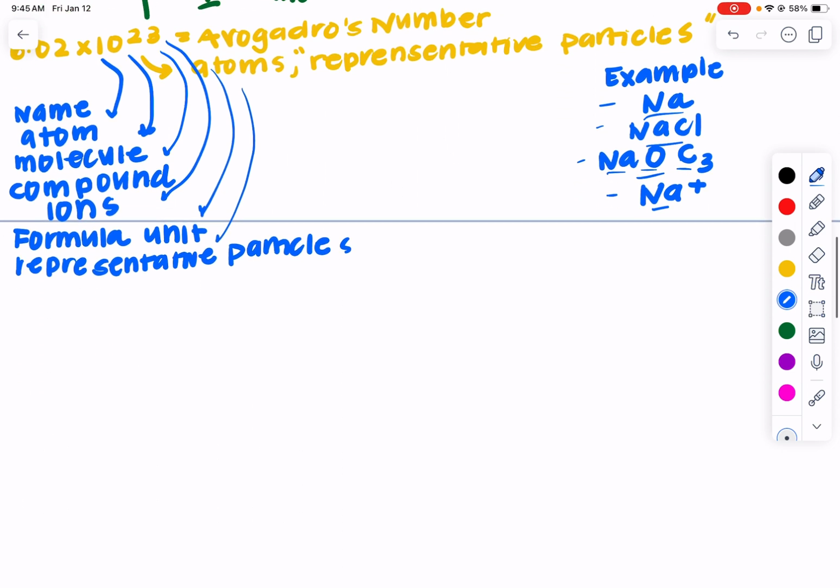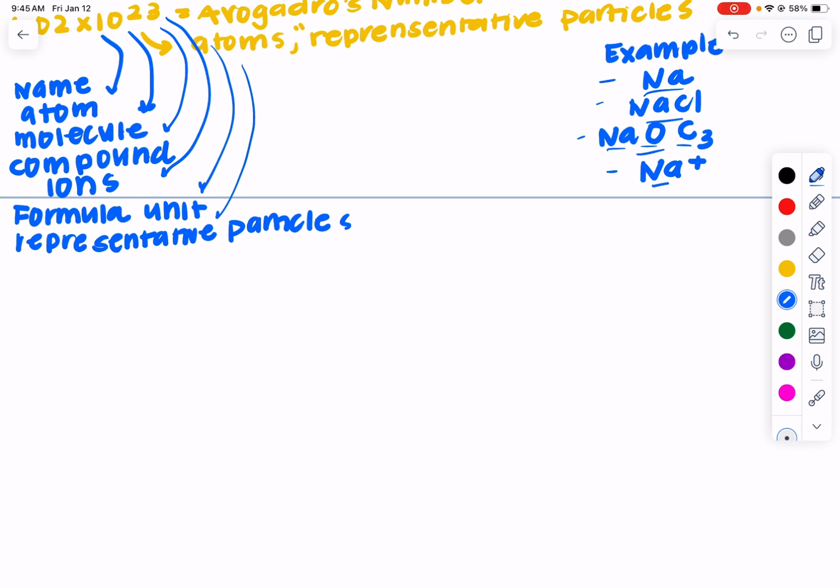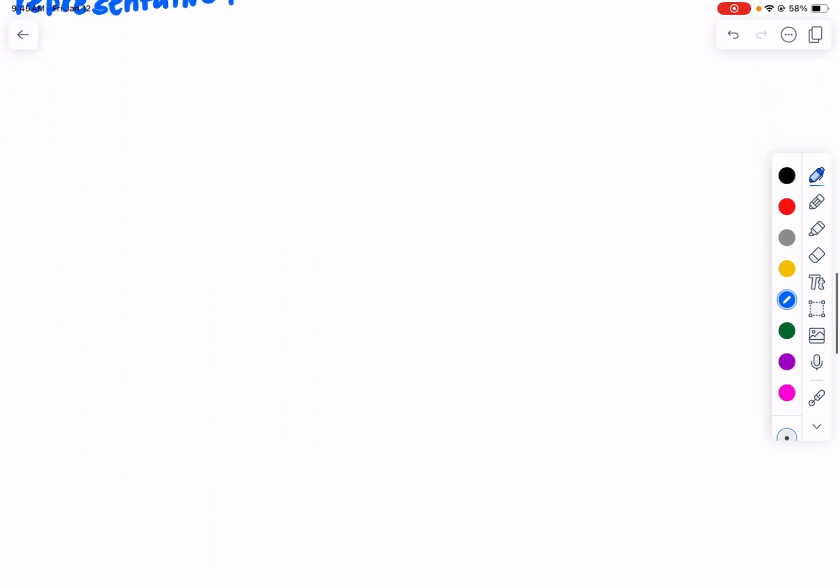The last thing I want to go over is kind of an infographic that I created that's going to help us convert between mass, moles, and atoms or particles. And I did this last time, but I'm going to draw it out again. And let's say that we are living in some kind of state that has 3 places to visit.